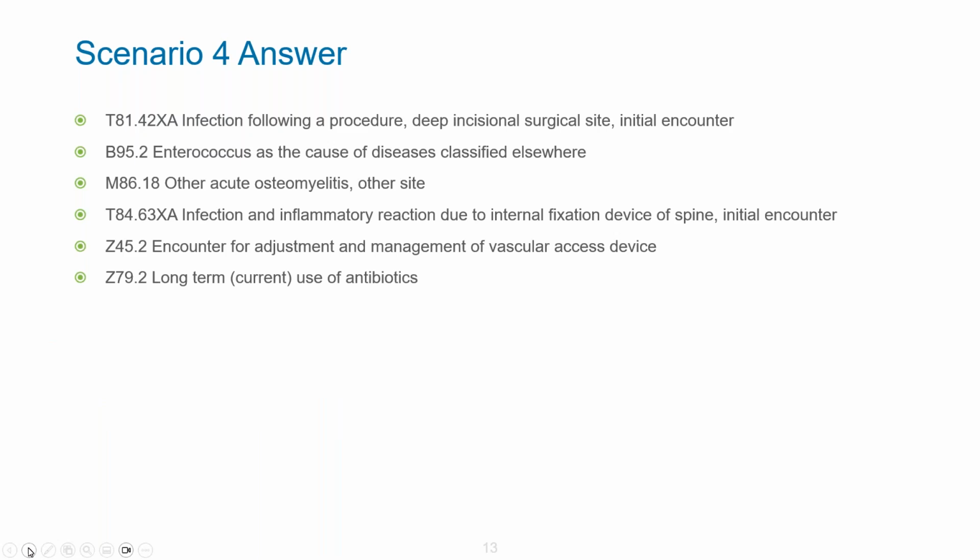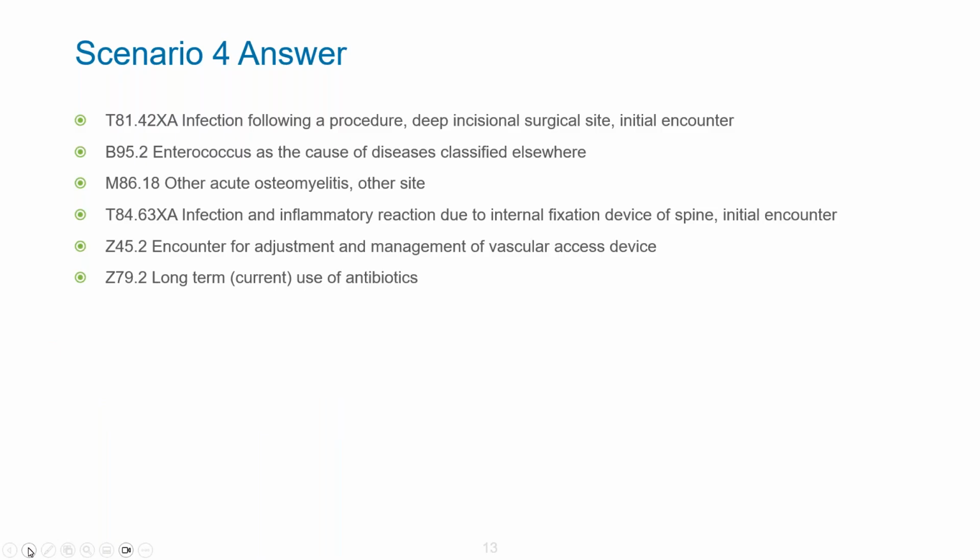I coded T81.42XA because we're keeping it an A. We're doing the IV antibiotics, so it's going to be an A versus a D. Infection following a procedure, deep incisional surgical site, initial encounter. And then we're going to put B95.2 to capture that E. faecalis, which is an enterococcus as cause of disease classified elsewhere.